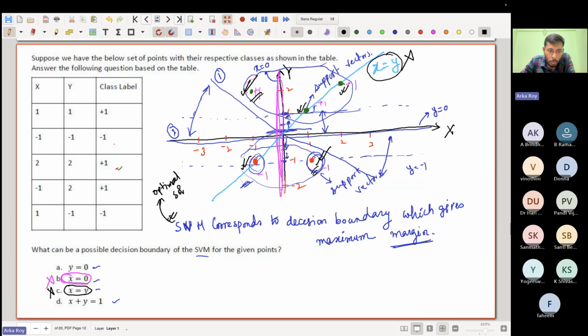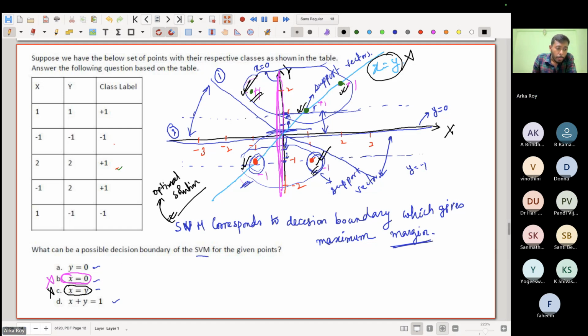Because you can draw an infinite number of lines over here, but from the infinite number of lines, SVM chooses the best line. So it tries to find the optimal line. And x equal to 0, x equal to y, none of them are the optimal solution.